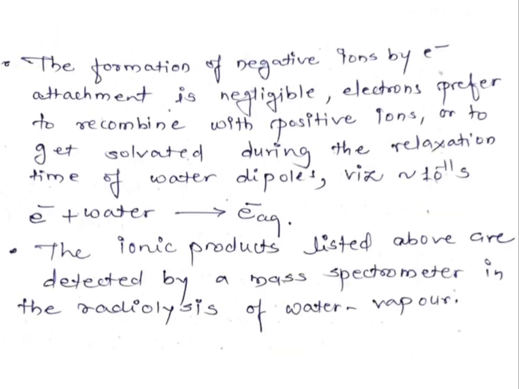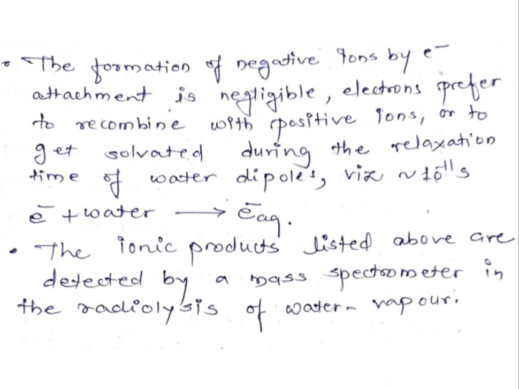Now the formation of negative ions by electron attachment is negligible, and electrons prefer to recombine with the positive ions for neutralization or to get solvated during the relaxation time of water dipoles. About 10 raised to minus 11 second is the time required for the relaxation of the water dipoles.